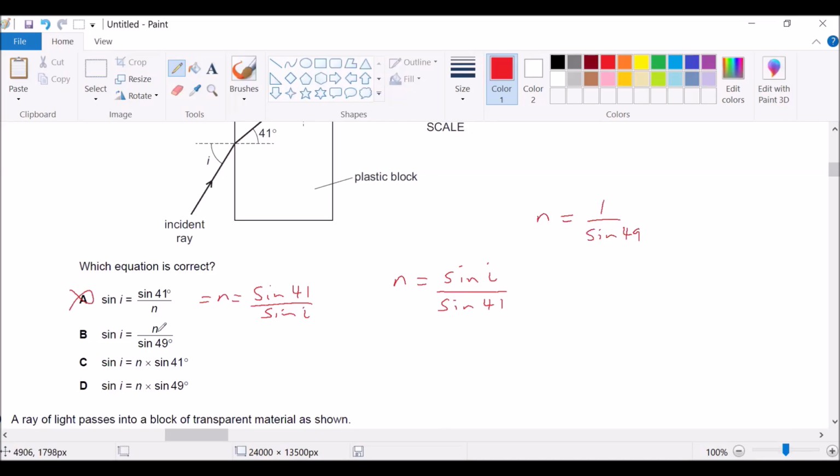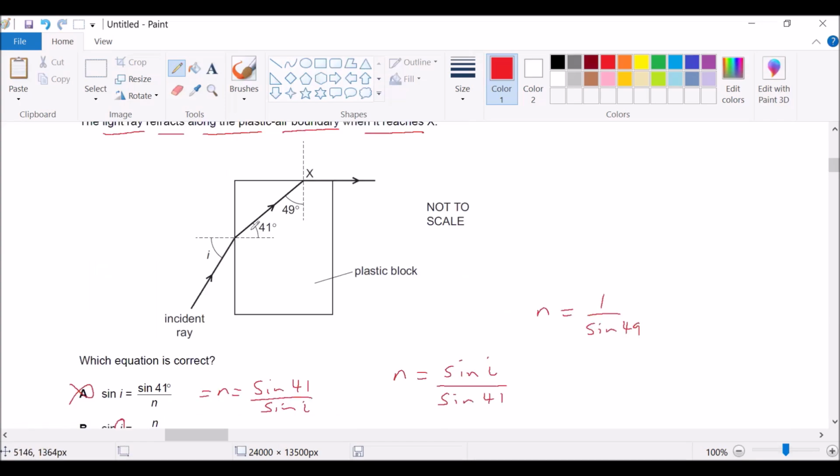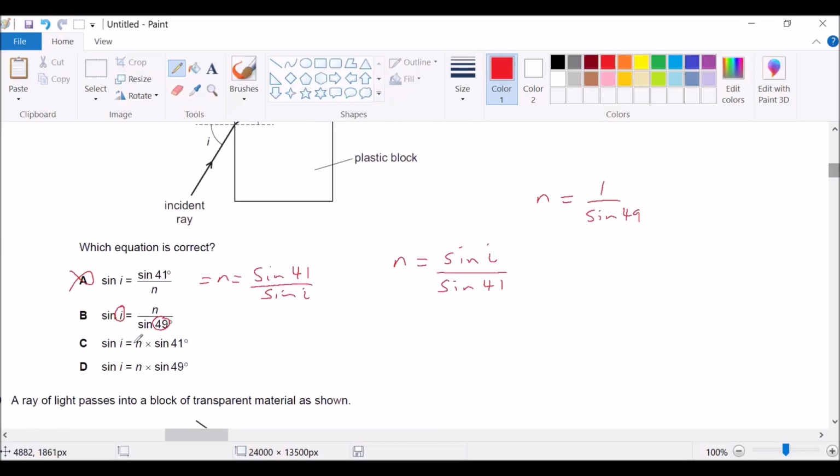Sine I is equal to N over sine 49. There's no relationship between I and 49. I is only related to 41. Sine I is equal to N times sine 41, making N the subject of the formula here.